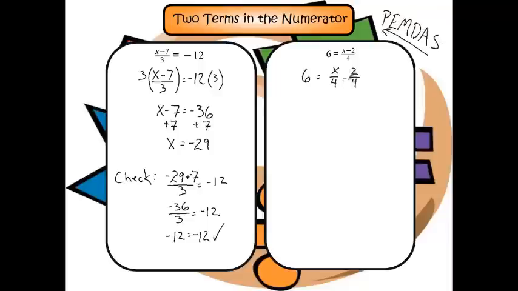So I find subtraction first. So the first thing I want to do is undo the subtraction. To undo the subtraction, I would have to use the additive inverse property here. So I would add 2/4 to both sides.